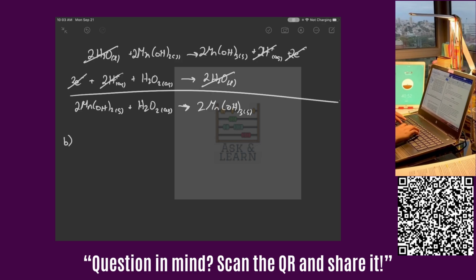This one is neither acidic nor basic. It's done just in neutral conditions, but in the presence of base.